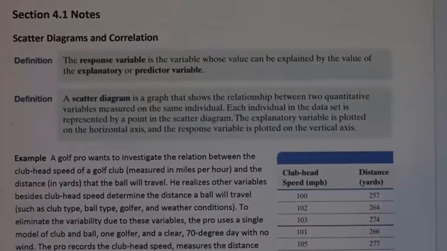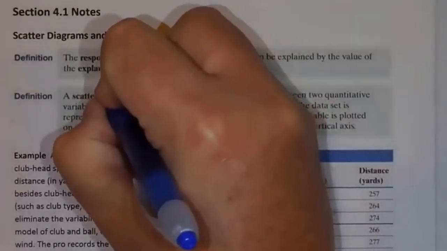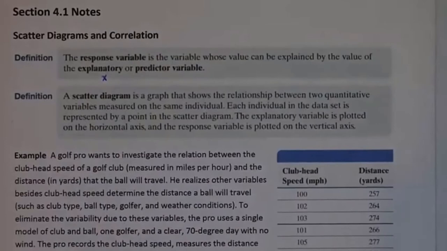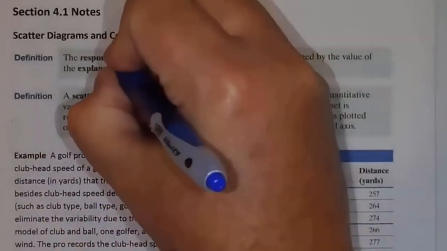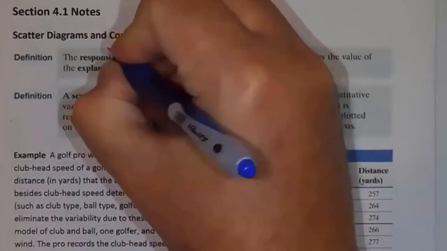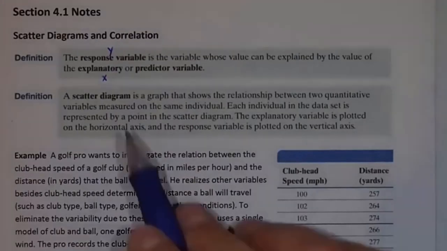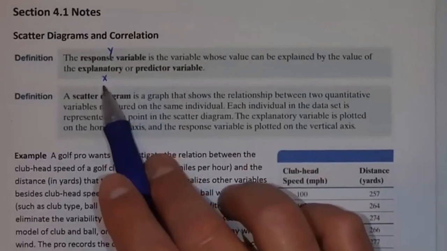The explanatory variable will generally be what we refer to as the X variable. In algebra, it is the independent variable. And the response variable is what we're generally going to refer to as Y. In algebra, we call that the dependent variable. So we're going to see, can we explain what Y is based on what X is?